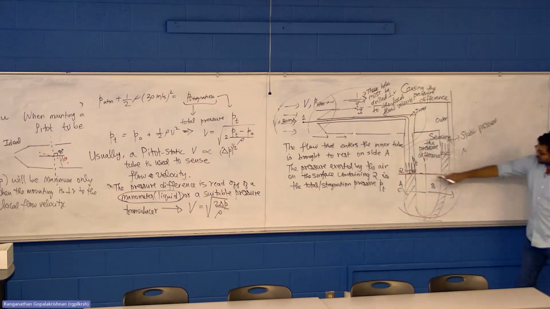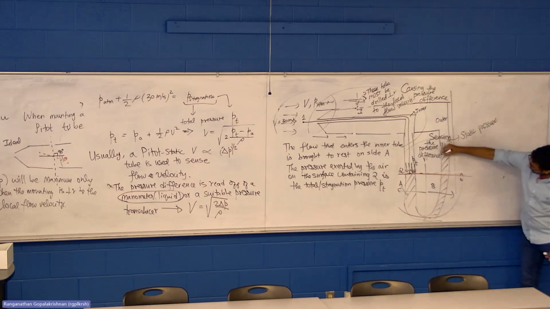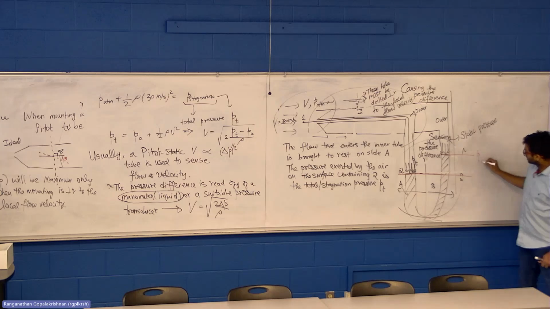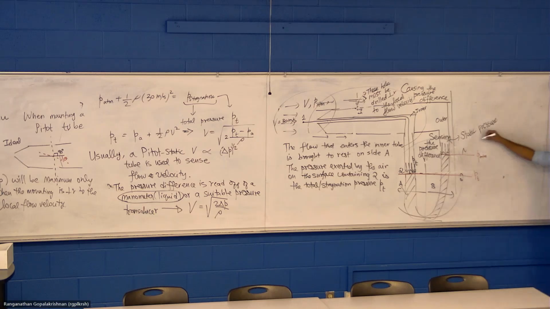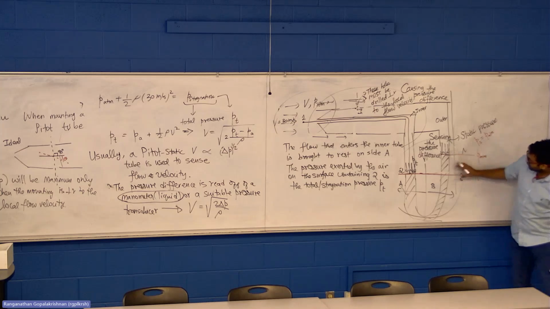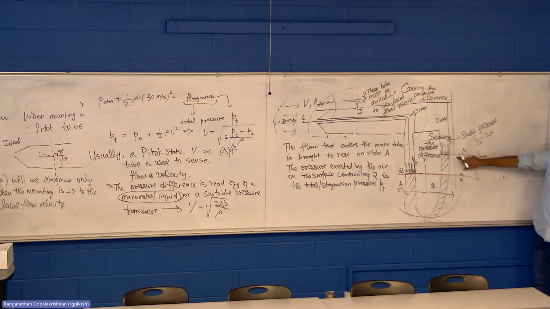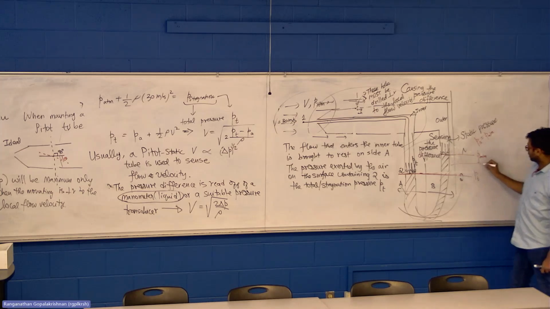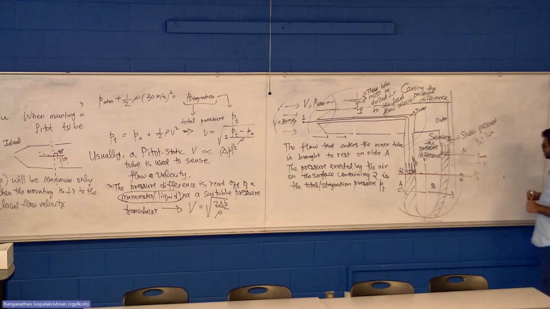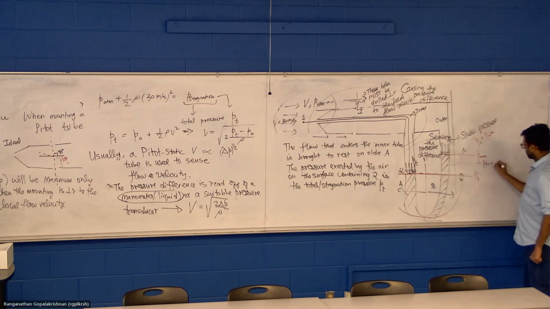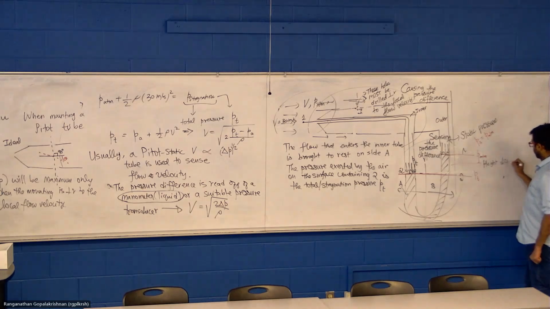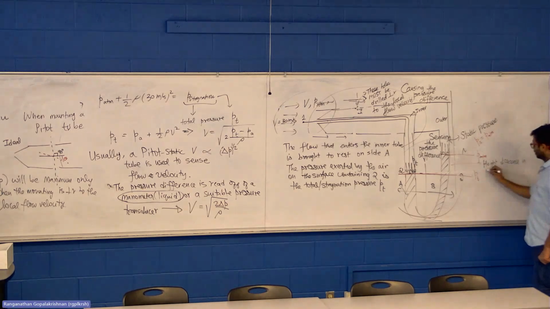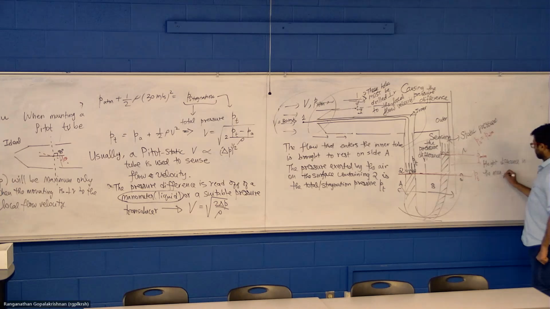Okay, so this is PT, and this is PS, or PA in our case, P atmosphere. That is what is causing this height difference, this height difference in the manometer.